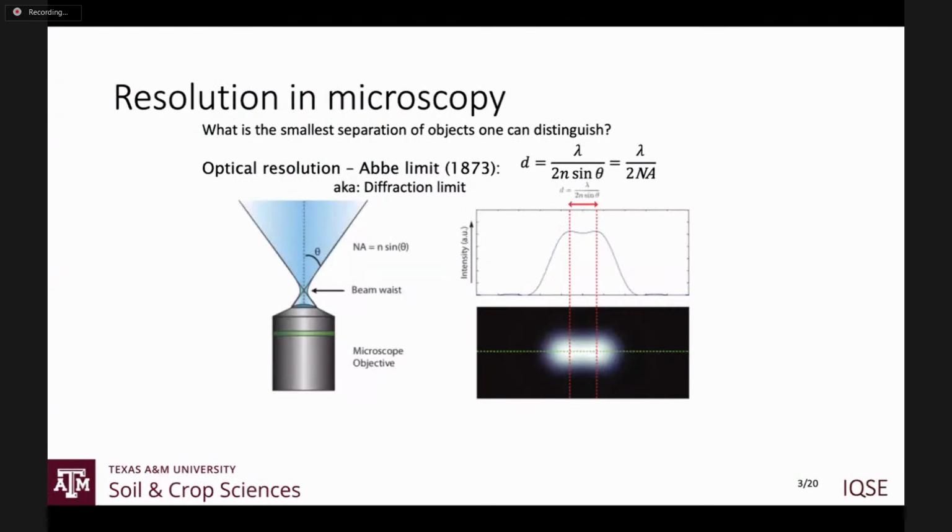As I'm talking about super resolution microscopy, the first thing to talk about, of course, is resolution in microscopy. What matters there is the smallest separation of objects that you can really tell apart. From classical optics, we know since 150 years already that there is this diffraction limit, the Abbe limit, given by more or less half of the optical wavelength divided by the numerical aperture of the focusing element that you're using.